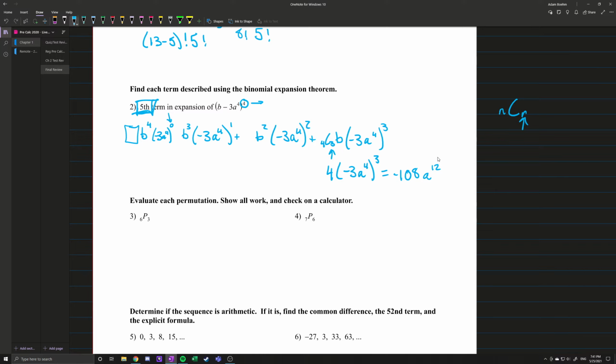So this is the fourth term. I did this wrong, my bad. We want the fifth term though.